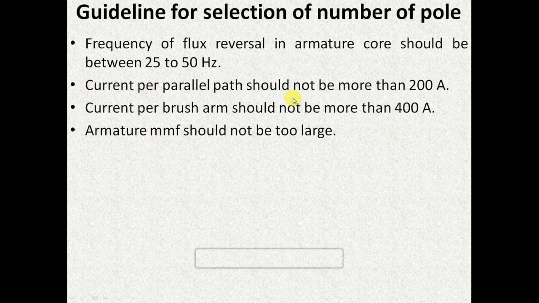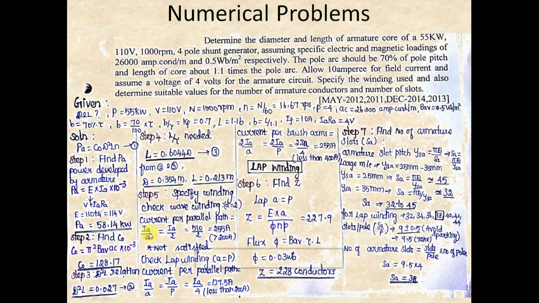That is, the current per parallel path should not be more than 200 ampere and current per brush arm should not be more than 400 ampere. This is actually a basic rule in the case of armature winding. We have already calculated the value of armature current, and knowing the number of parallel paths, if we are considering it as a wave winding, it is actually 2.